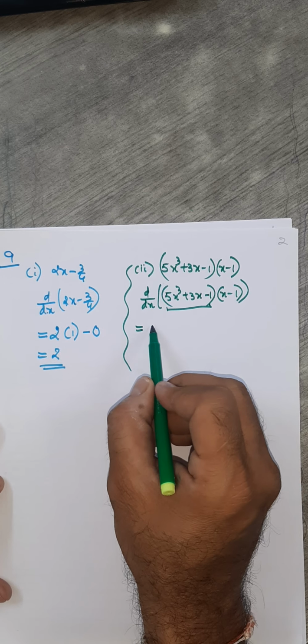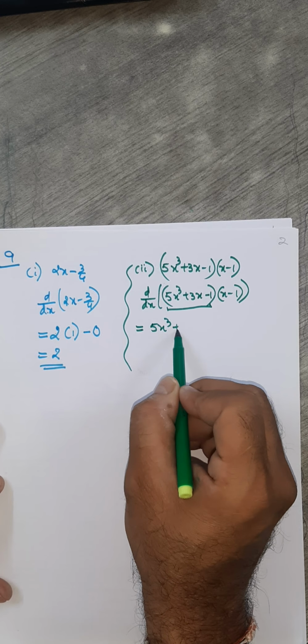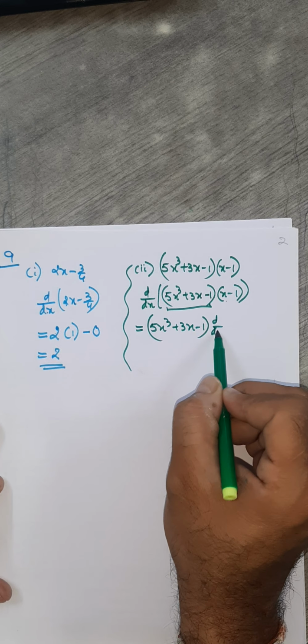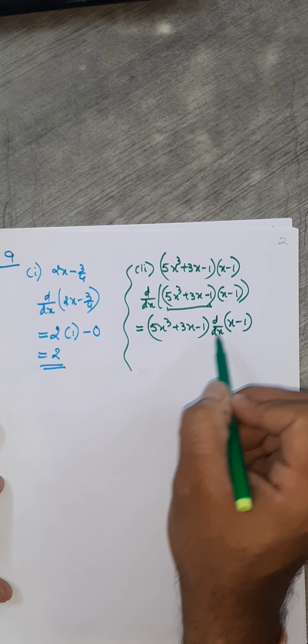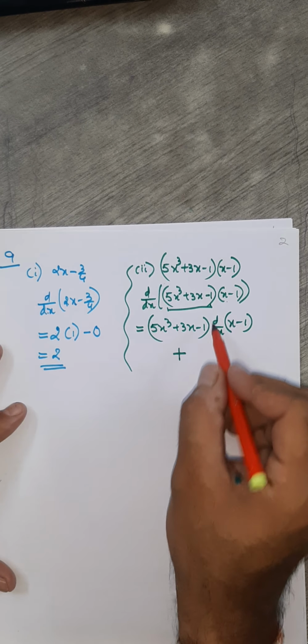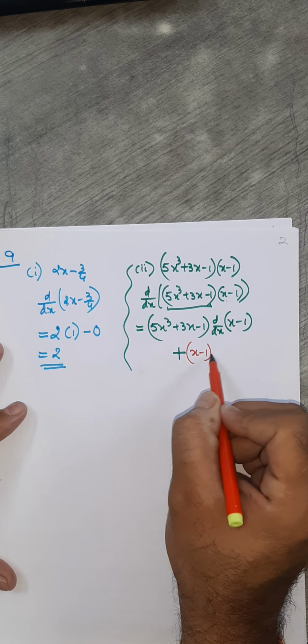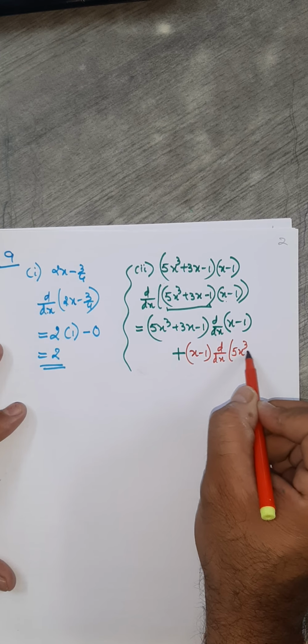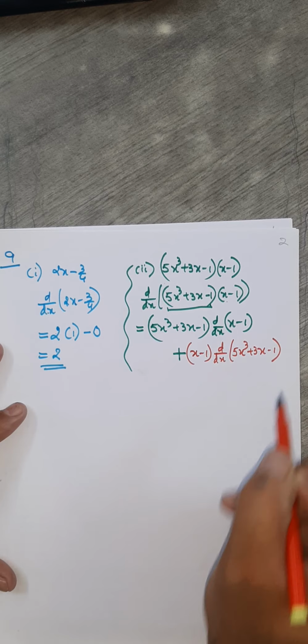This one as it is here. Product rule we are using as we did in the first question. Derivative of this, d by dx of x minus 1. Always plus sign. Which one as it is now? X minus 1 as it is. D by dx of which function? 5x cube plus 3x minus 1.